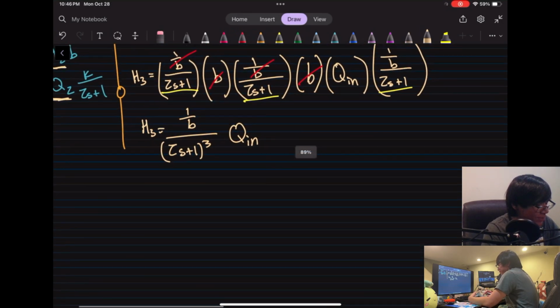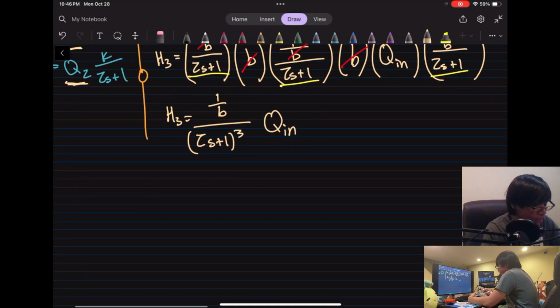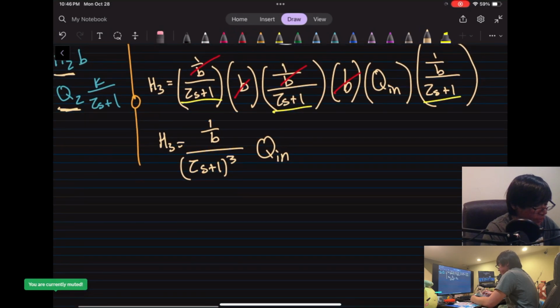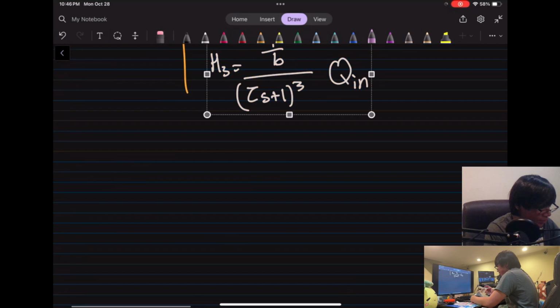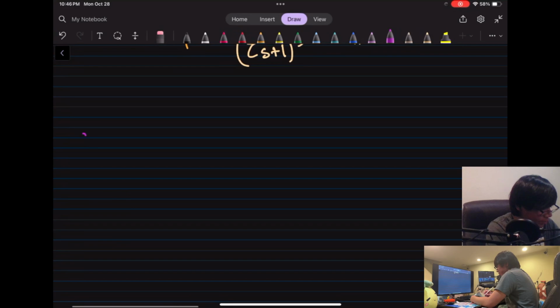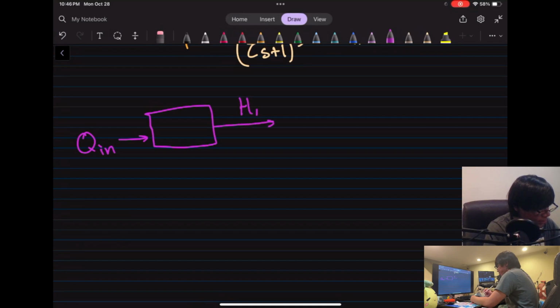So this can be represented with a block diagram. You can do something like starting with Q in. We have our system transfer function to get our height. Remember, we did our transfer function, so 1 over B tau s plus 1.